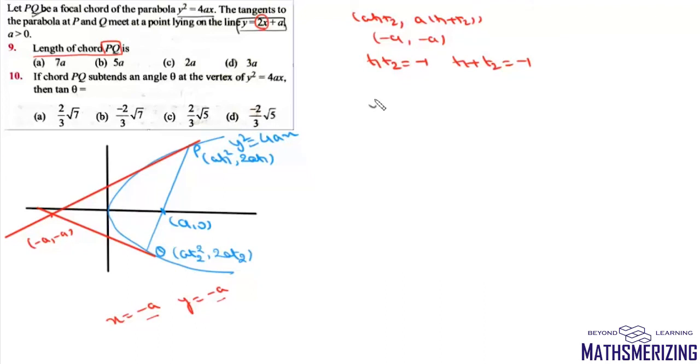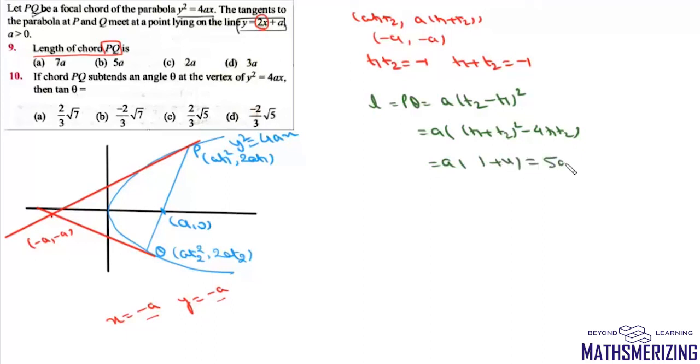So we know that length of a focal chord is given by a t2 minus t1 whole square. So it is a, and we can write this is t1 plus t2 whole square minus 4 t1 t2. So it will be a. Now what is t1 plus t2 whole square? It is 1 and then plus 4. So length of this focal chord is equal to 5a, and that's your option number B.